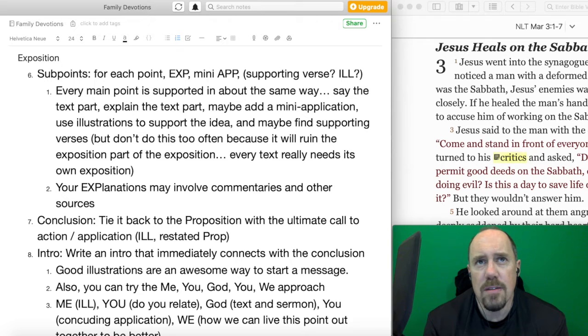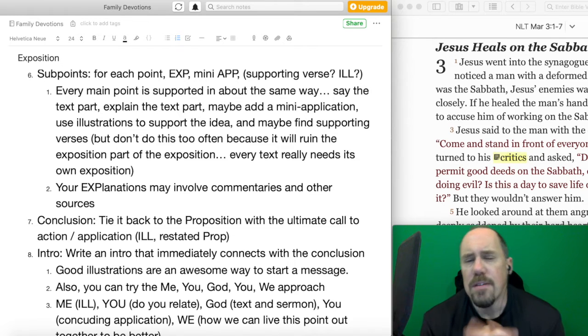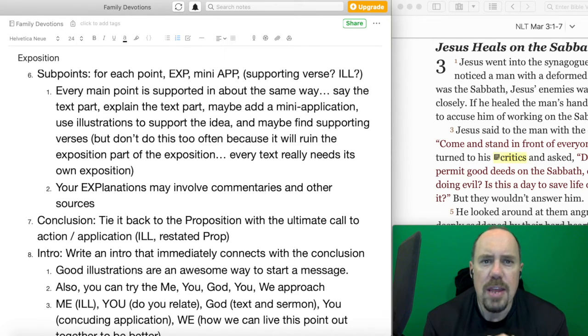Warren Wiersbe's got some great stuff like the Be series. Whatever works for you, there are a ton. I've got a list of 10 academic quality authors' commentaries that I like to go to. I haven't bought any of those, thankfully, because I'm a student doing my graduate work, so I've got access to all of their stuff that I like to use. So commentaries are where it goes into the explanation part of your subpoints.